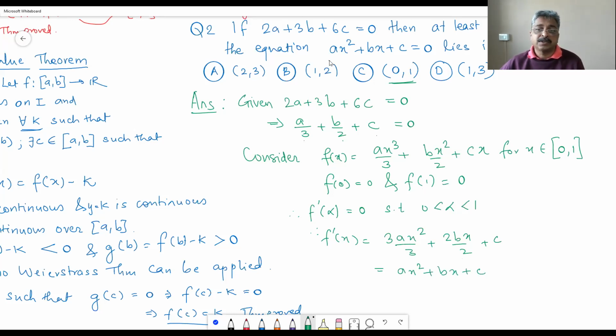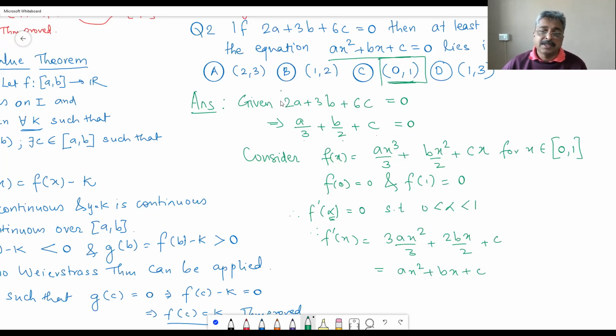That is what is asked. f dash of x is equal to this; at least one root of the equation lies in the interval. Have you understood? This becomes 0 at alpha. Therefore, at least one root lies in this interval.